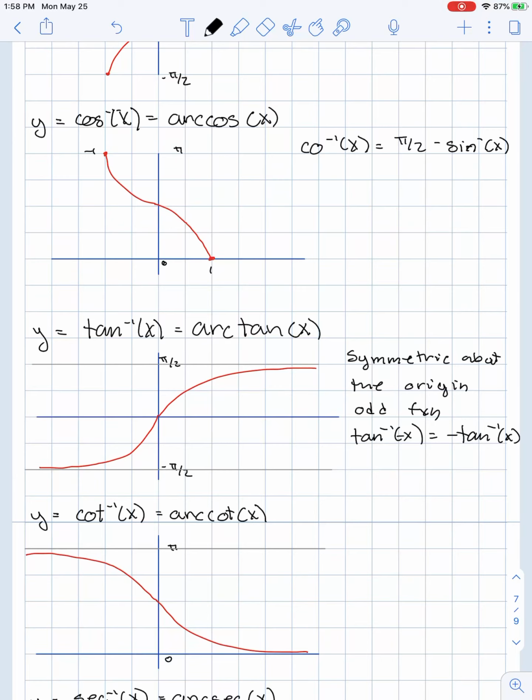Alrighty. For arctangent, I can input any number, but it's only going to give me numbers out between negative pi over 2 and pi over 2, just like sine.